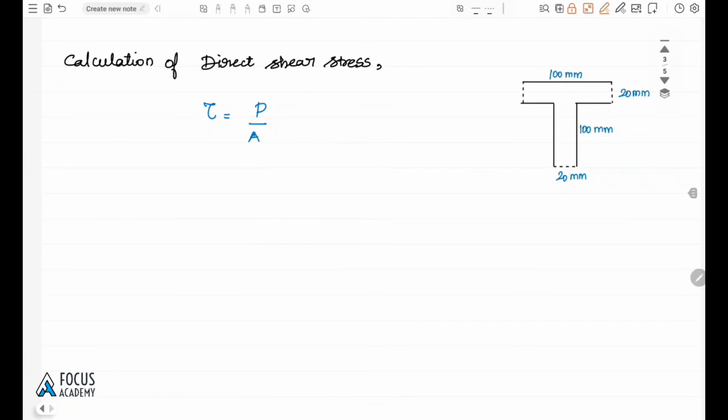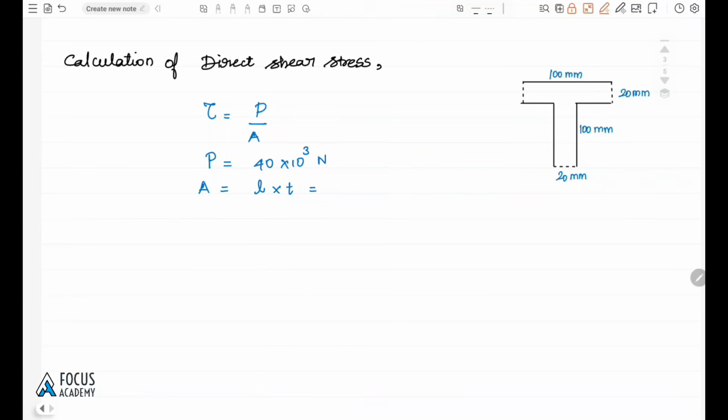First, we need to calculate the direct shear stress. The formula is load by area. The load is directly given in the problem: P is equal to 40 kilonewton, that is 40 into 10 power 3 Newton. Next, we have to calculate the area of the weld, which is length into throat thickness.